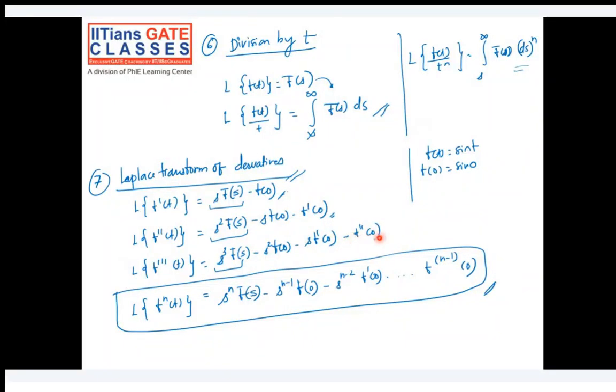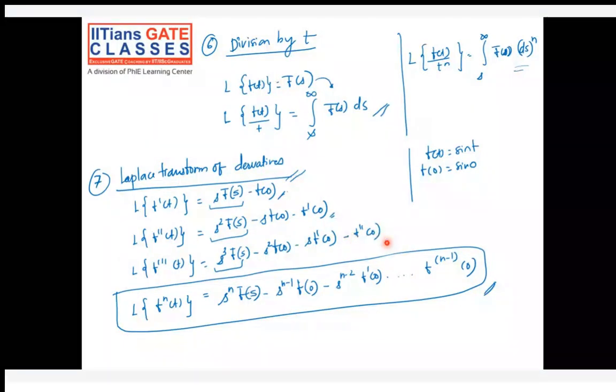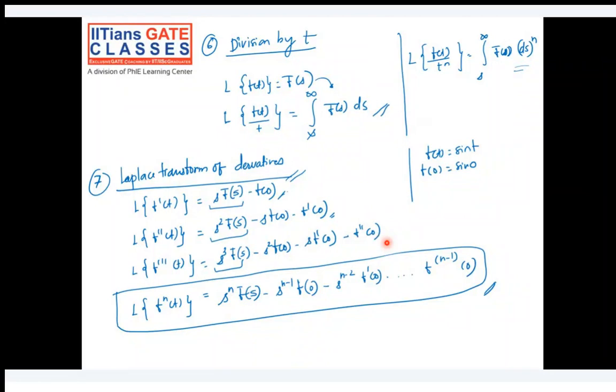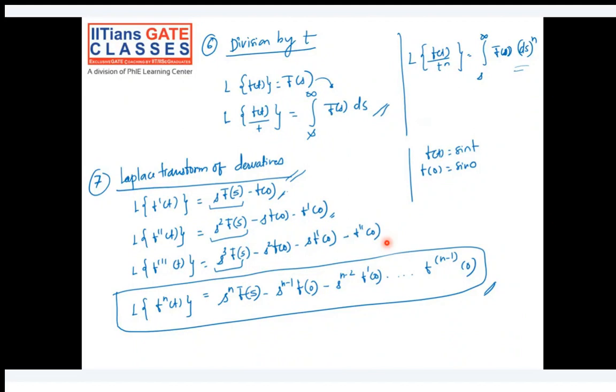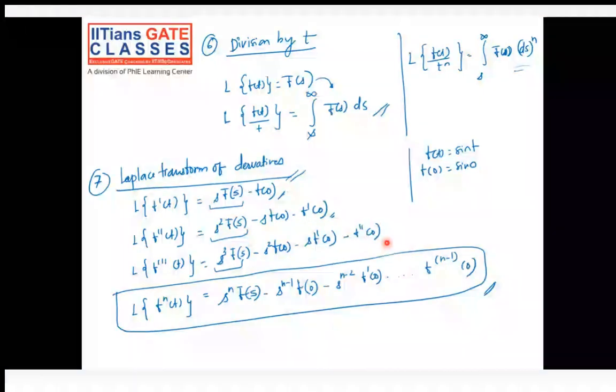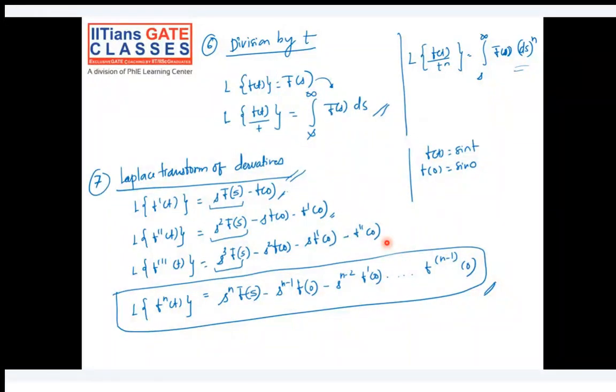Whenever some function is there which you know is a derivative of f of t, in that case it is easy to solve the problem by using this property. So for example, 1 upon x is a differentiation of log of x.